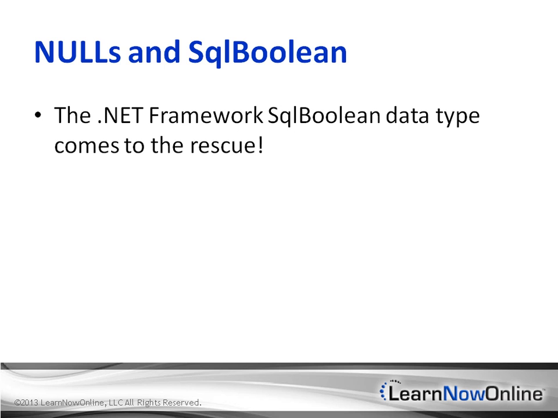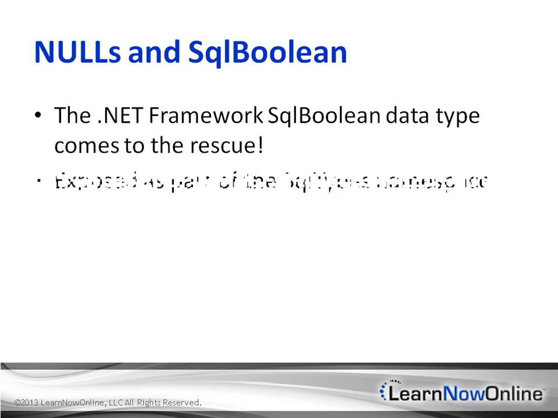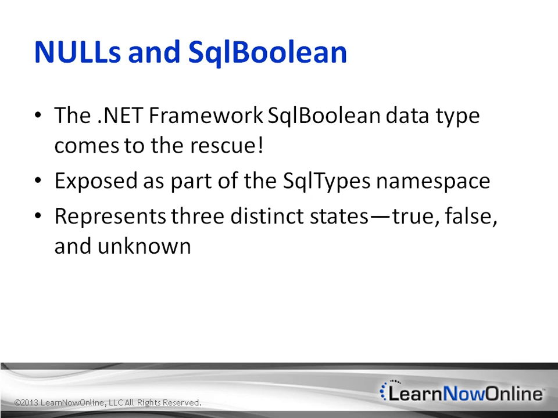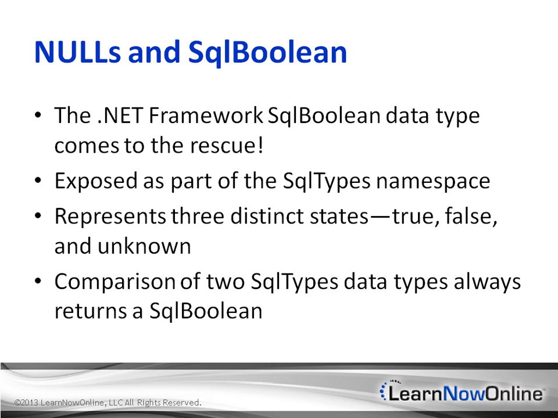The .NET Framework SQL Boolean data type actually comes to the rescue here. It's exposed as part of the SqlTypes namespace, and it represents three distinct states: true, false, and unknown. Comparison of two SQL types data types always returns a SQL Boolean.